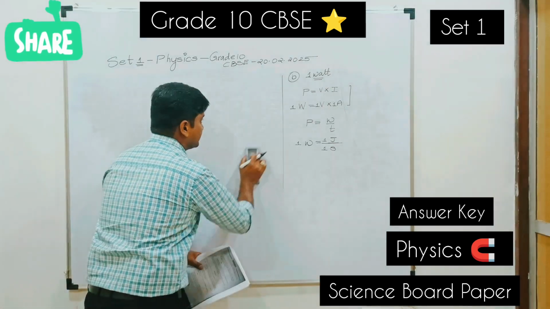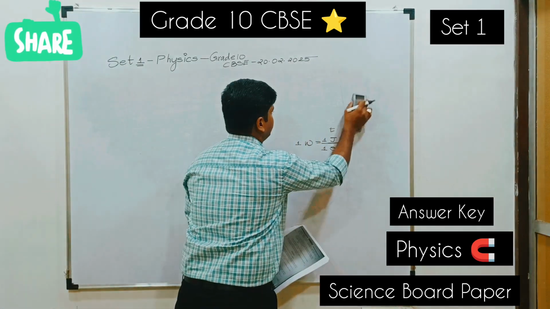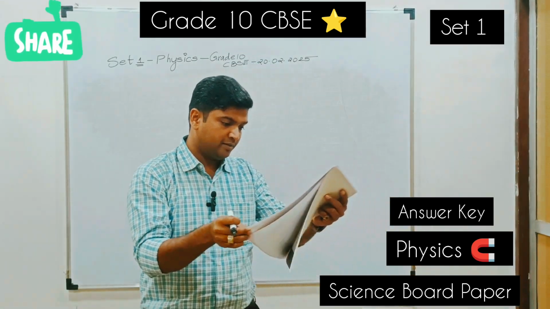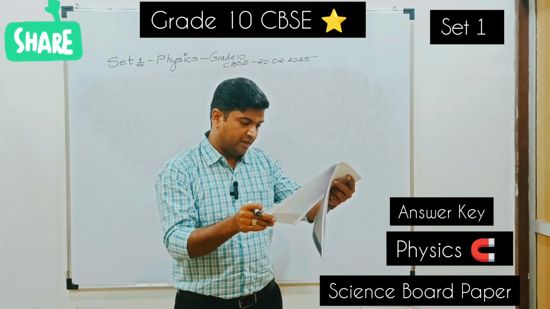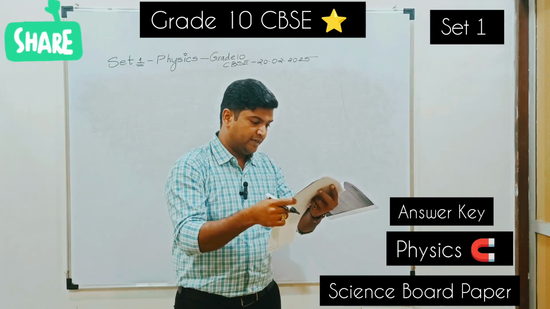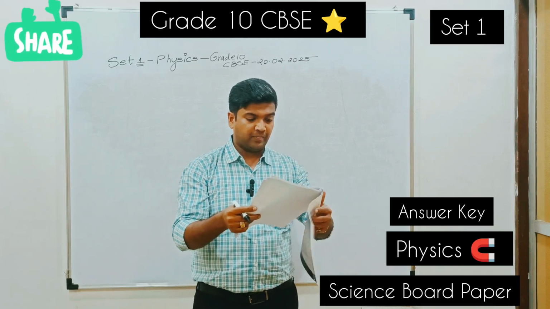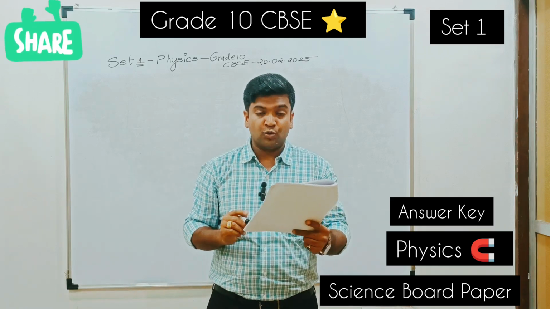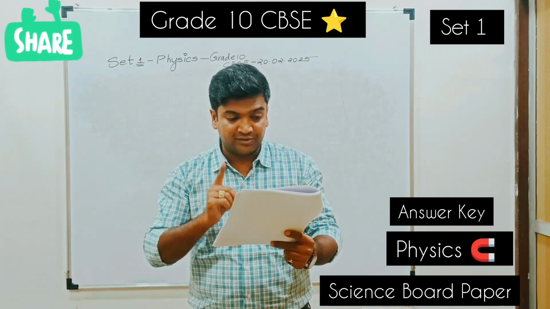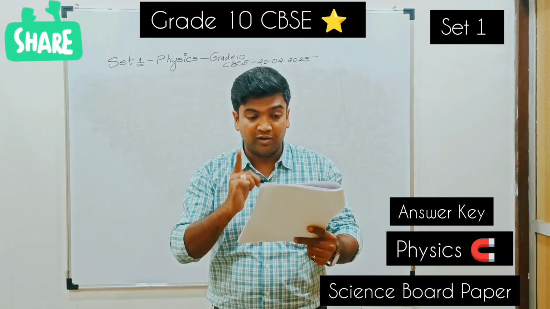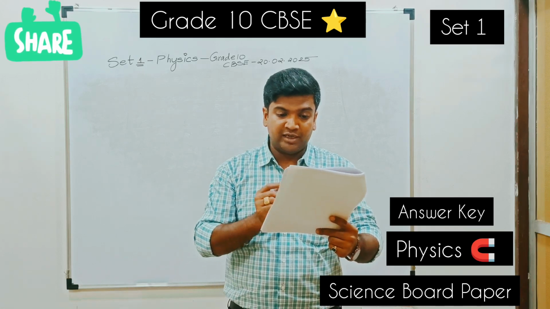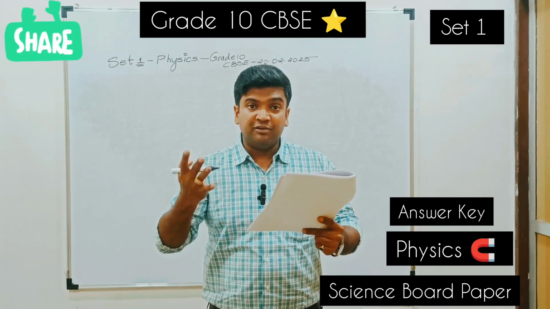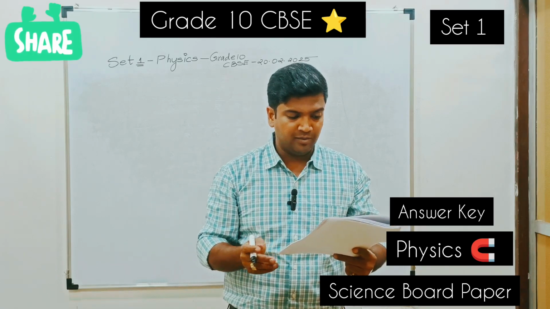अभी हम जाएंगे सेक्शन सी के पास. Let us find out section C में we have 29, 30, 31. 31 is physics. So draw ray diagrams to show the nature, position and relative size of the image formed by a convex mirror when the object is placed at infinity, and second, between infinity and pole of the mirror.